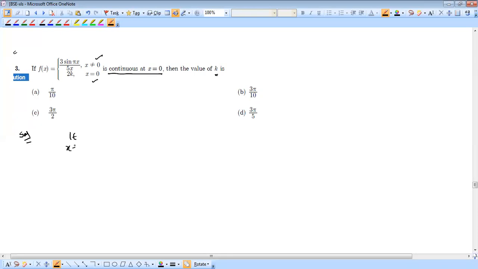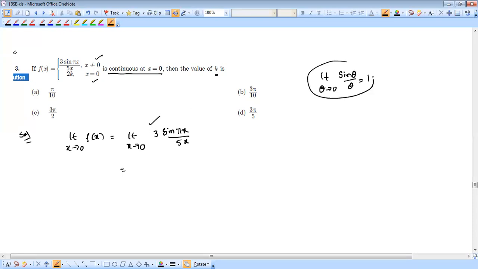Limit x tends to 0 of f of x is 3 sin pi x by 5x. As we know, limit theta tends to 0, sin theta by theta is 1. So let us bring this into this form.